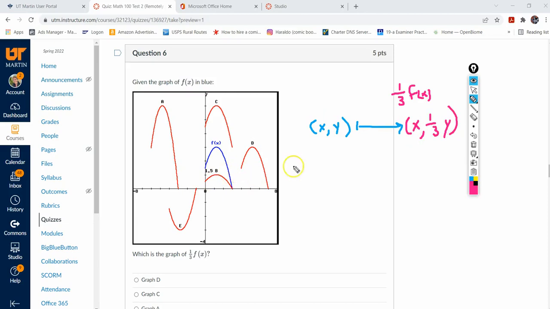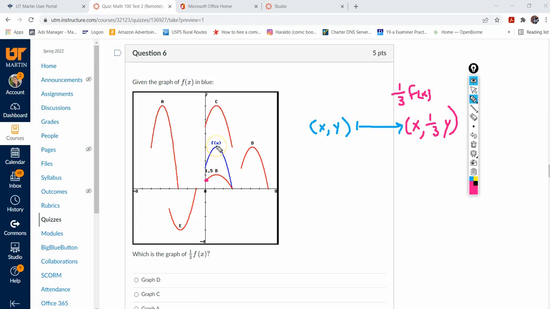Here I've got the point (0, 1.5), and its image would be (0, 1.5 divided by 3), which is about there.